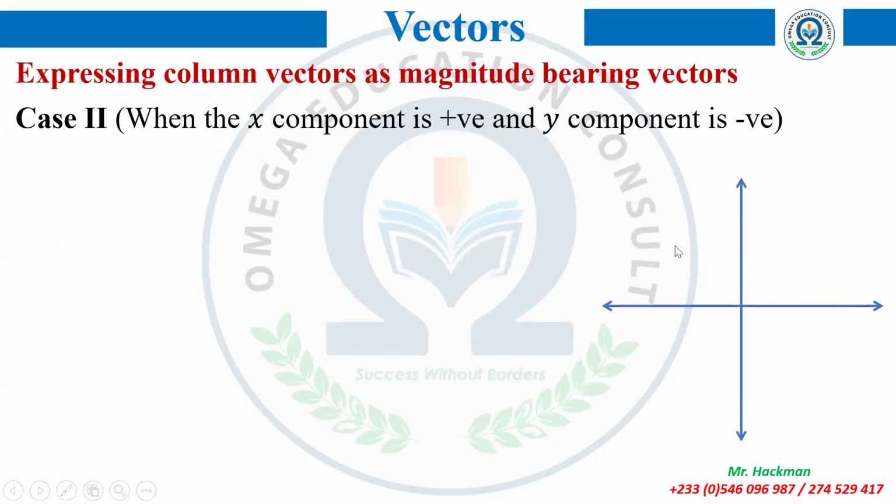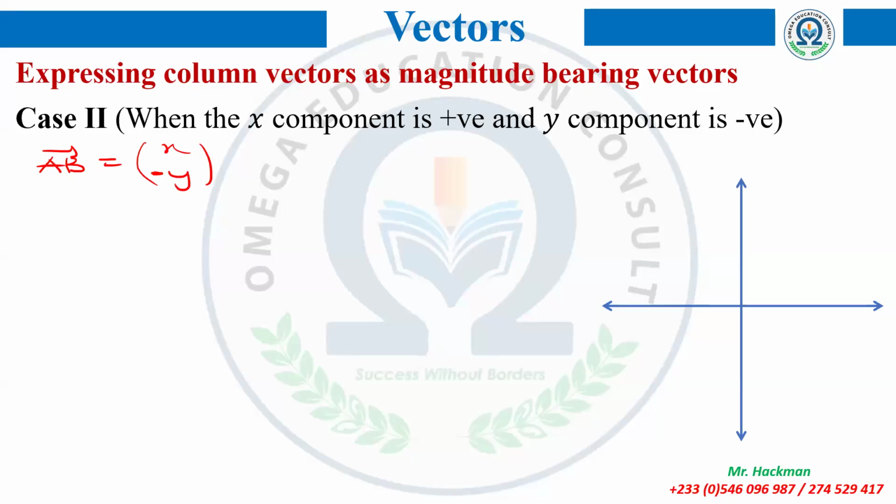So case 2, the second situation, is when the x component is positive and your y component is negative. So this time round, this will be your AB vector. I have x, y. But remember we said the x component is positive and the y component is negative, so it will be negative y. Is that clear?